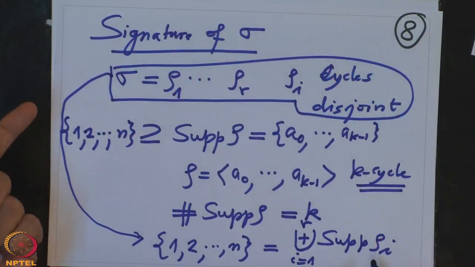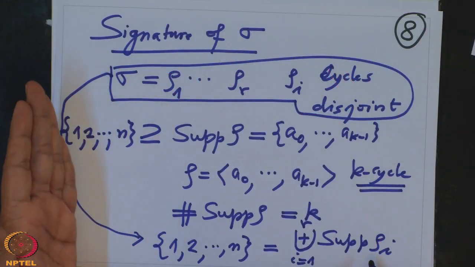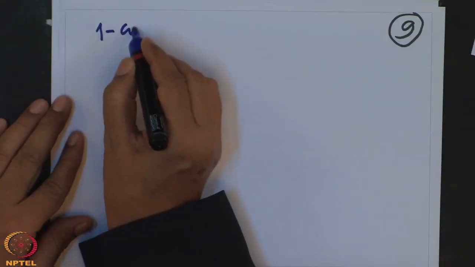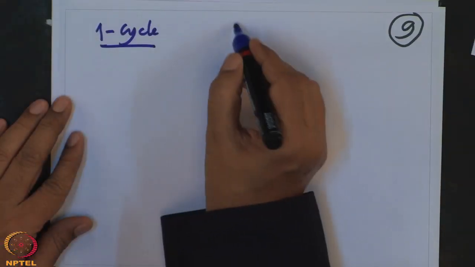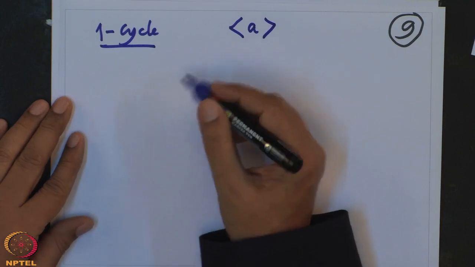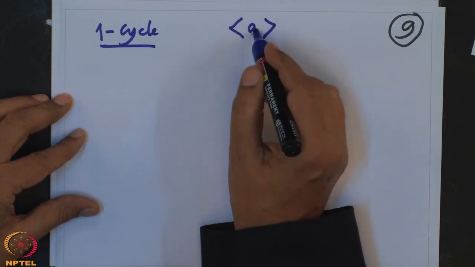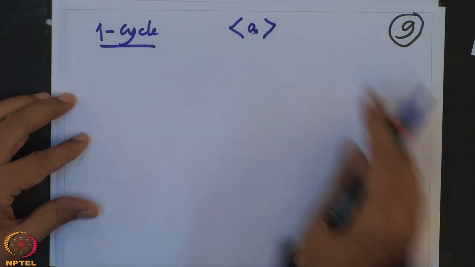Now some supports may have only a singleton; the 1 cycles are precisely the identity element. So they are 1 cycles which correspond to the fixed points. Note that when you write a 1 cycle, it is equivalent to saying A goes to A. So this is like identity.